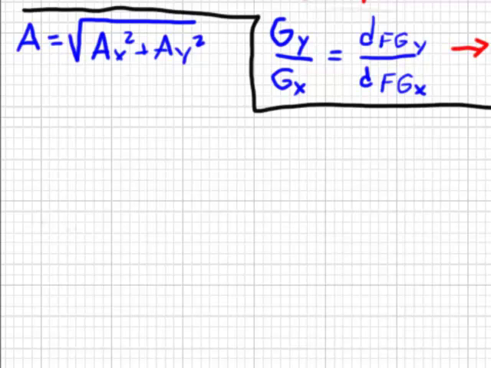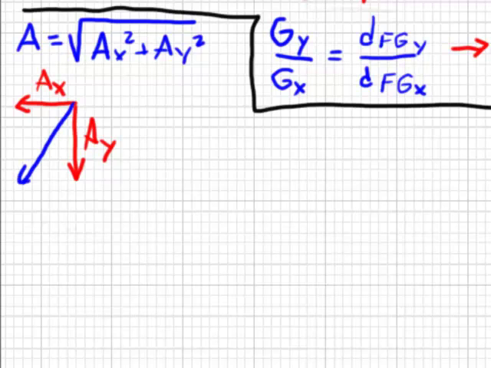If I draw the force, we have Ax of negative 3.84 kilonewtons. So there's Ax, and Ay is negative 9.05 kilonewtons. We have a resultant here, which is A. Here's our right triangle.